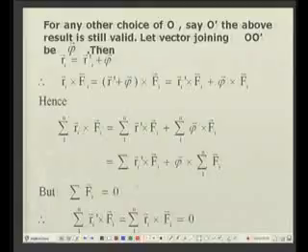So let us take the moment of all these forces. R i crossed with F i is equal to R i dash plus phi crossed with F i, which simplifies into R i dash crossed with F i plus phi vector crossed with F i.